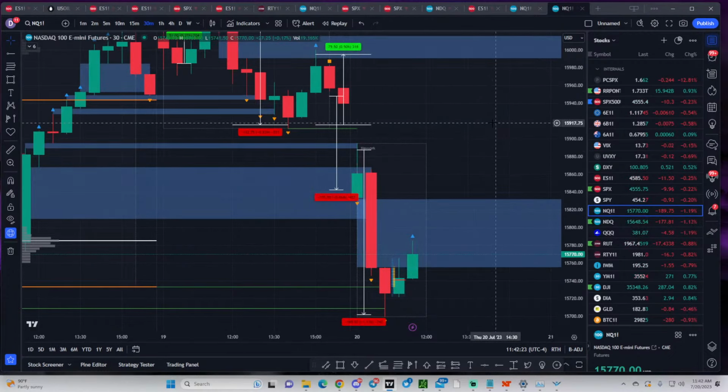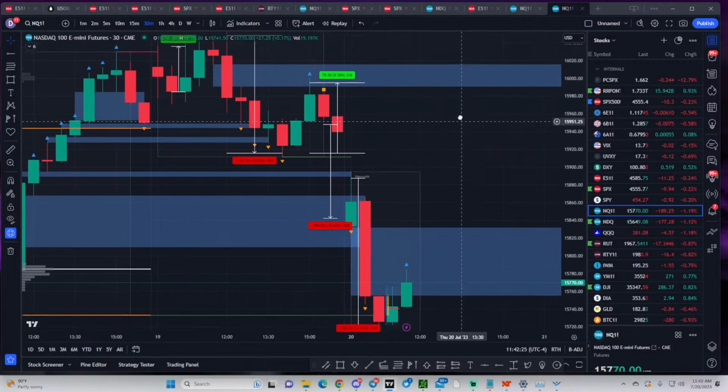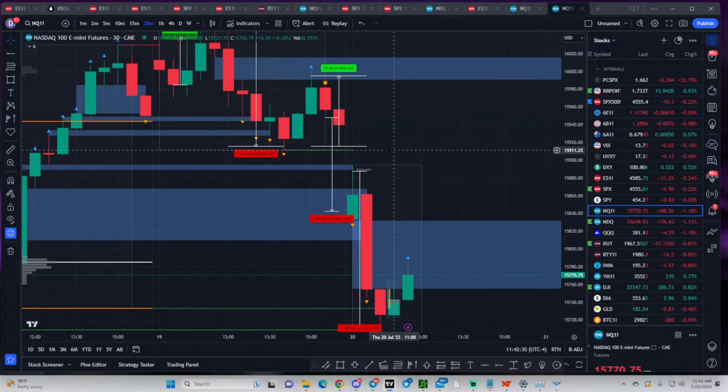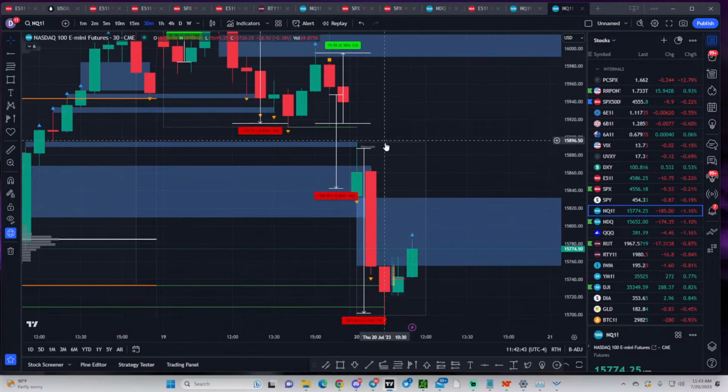For example, the NQ opened on a true gap down. A true gap down only happens when you open below the previous day low, not the close. That would be a value gap. So for the gap fill on this occasion, those that were trading live with me know that I was looking for the 15,911 to be a short opportunity, a gap fill.